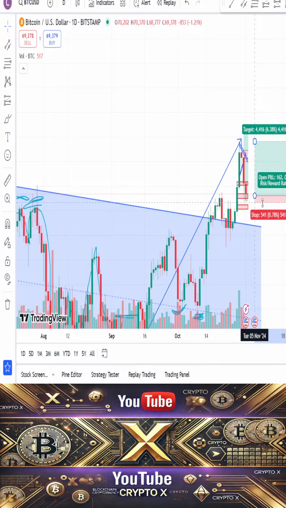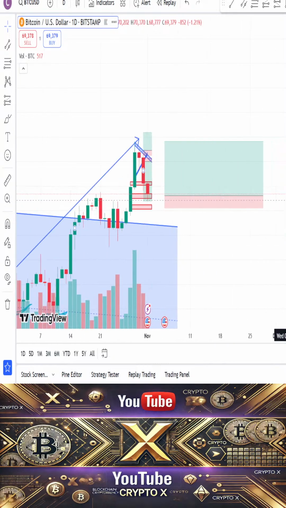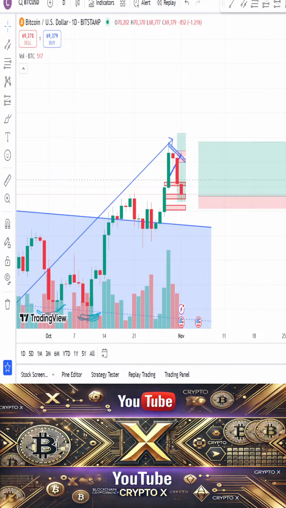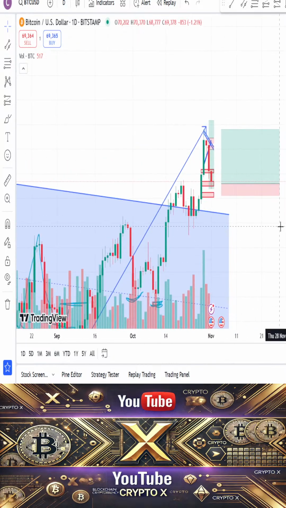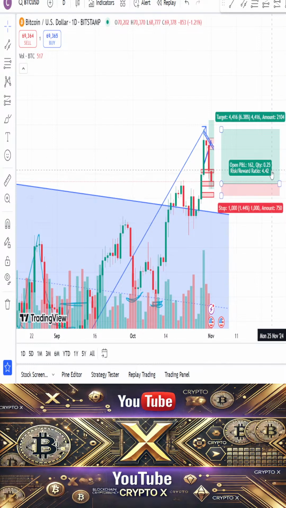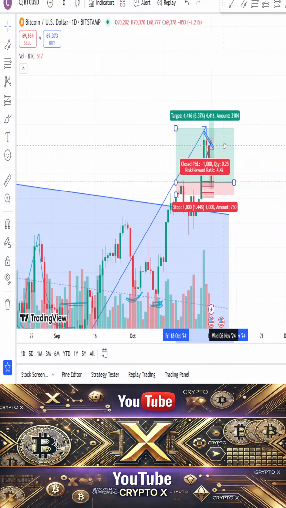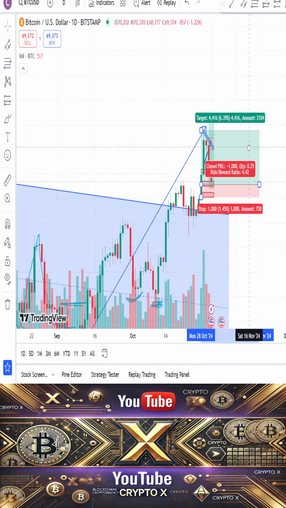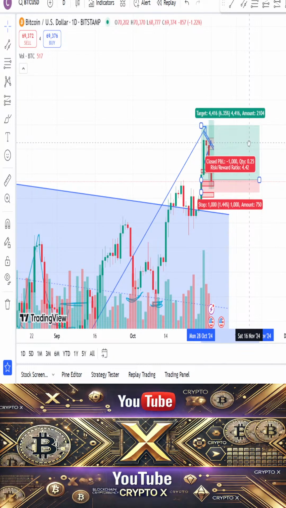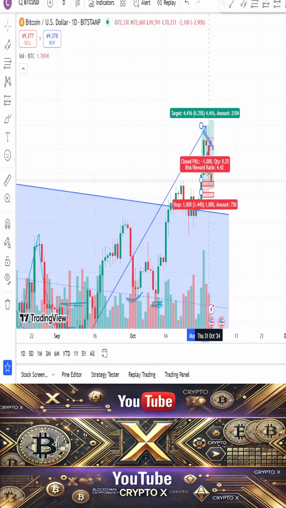And our SL was very small, this much, roughly. Okay, just give a second. So this was our entry point when it had crossed this. And we got our target in a single day.